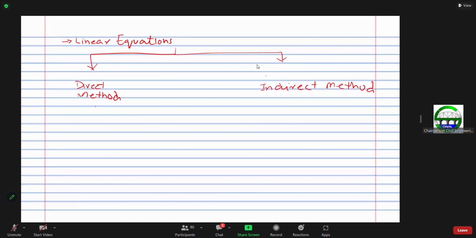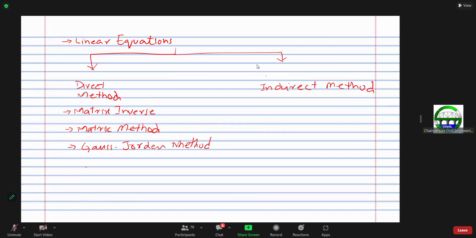In direct methods, we talked about the matrix inverse method, or a simple matrix method, and then the Gauss-Jordan method.